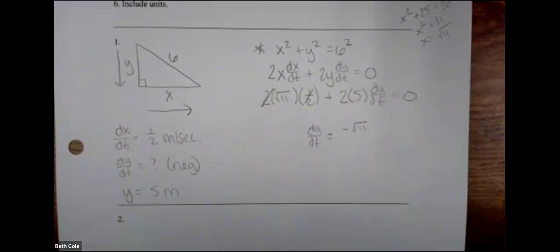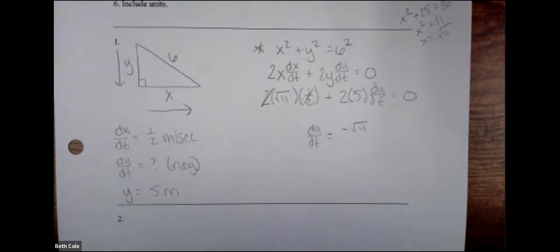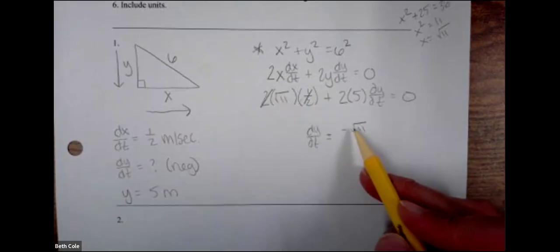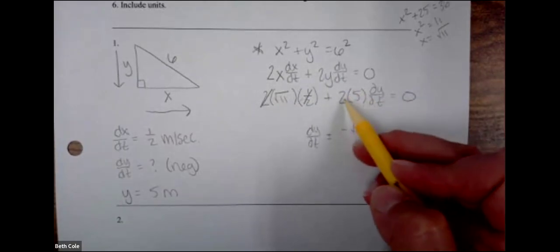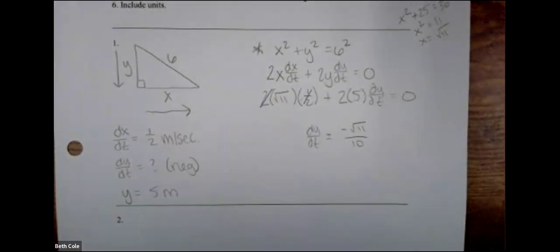Kind of for the same reason that 3 times 1/3 would cancel and 5 times 1/5 would cancel. 2 divided by 2 is 1. Oh, okay, all right. Okay, thank you. So we'll subtract over the square root of 11. So now it's negative square root of 11, which we want a negative answer. And then you would divide by, good, why 10? 2 times 5. Did we get a negative answer? Yeah. Go us, we're geniuses.